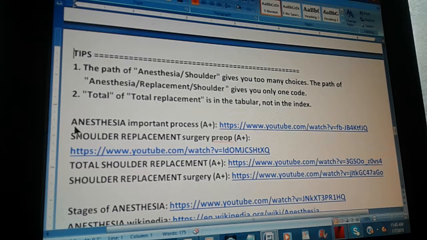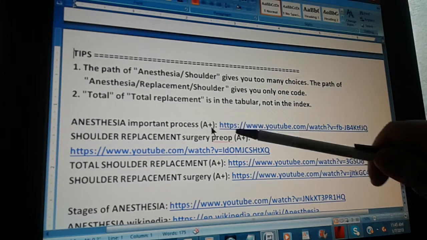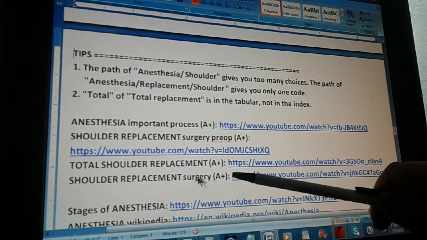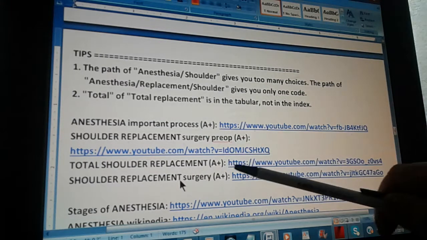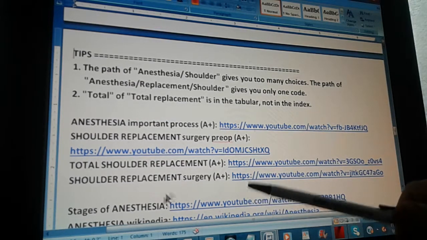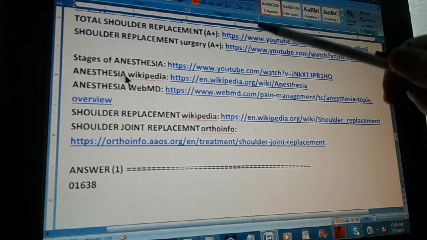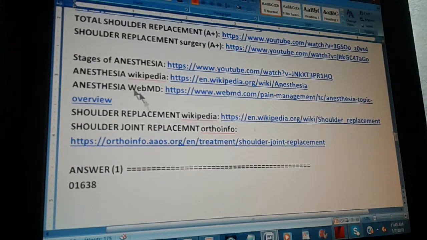If you want to know what the procedure is, we have these A+ links, which we consider the best for this procedure, anesthesia and shoulder replacement. All these 3. If you're interested in this code, you can watch the rest when there are suggested links also. You can just click, and you will find exactly what the procedure is.